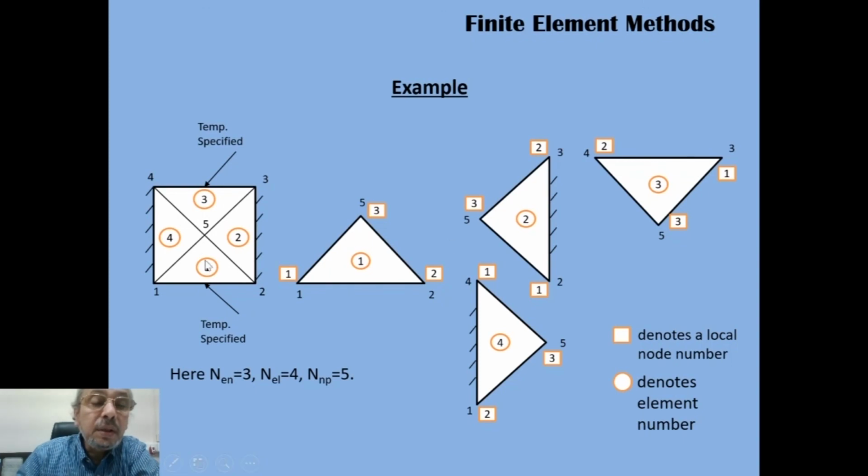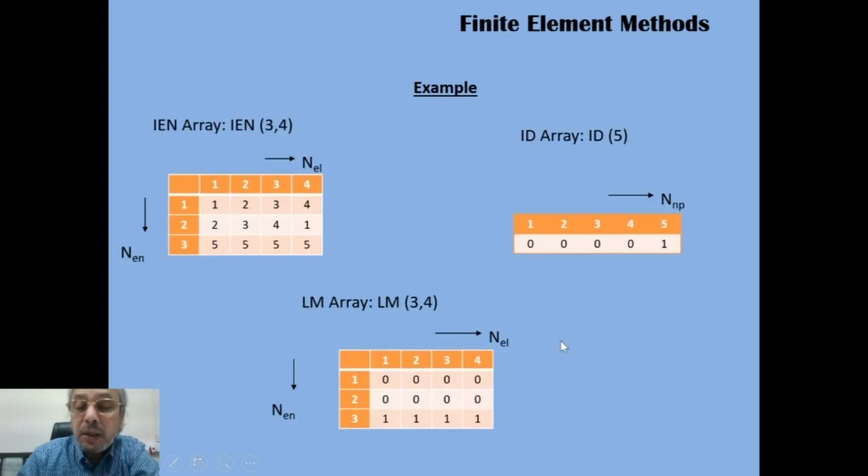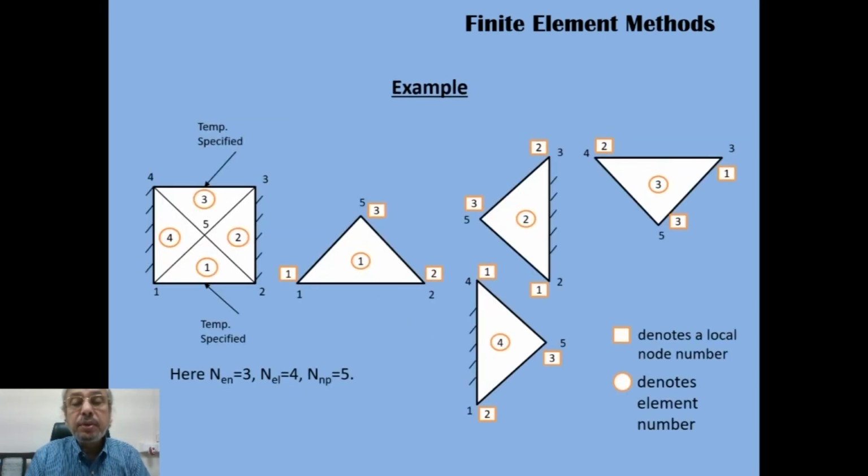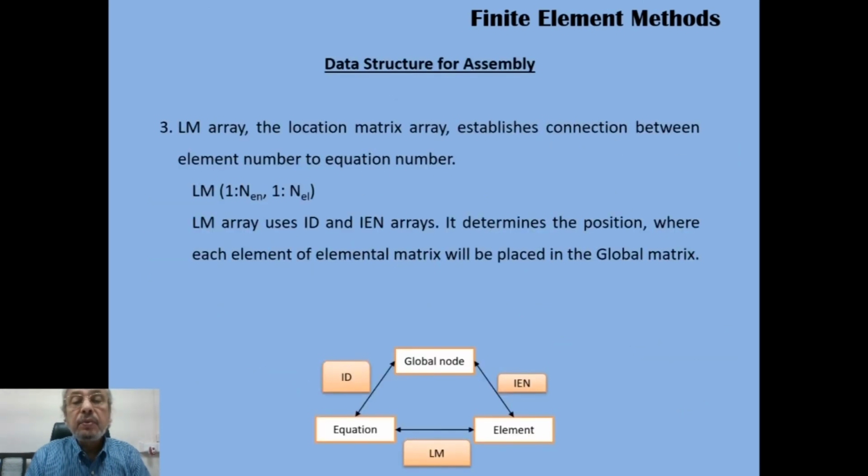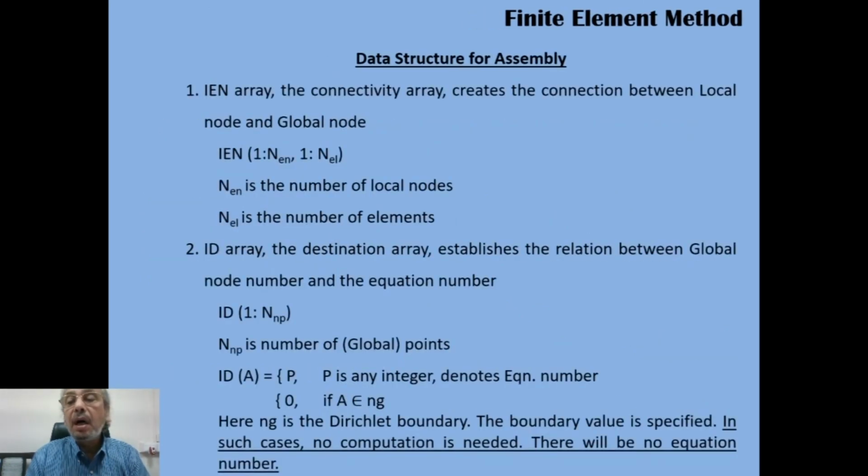First element node 3 is fifth, second element node 3 is fifth, third element node 3 is node 5, fourth element node 3 is node 5, and we need the equation for all of these. And this is how these arrays are formed. These arrays govern the formation of, as I have said, the global matrix.